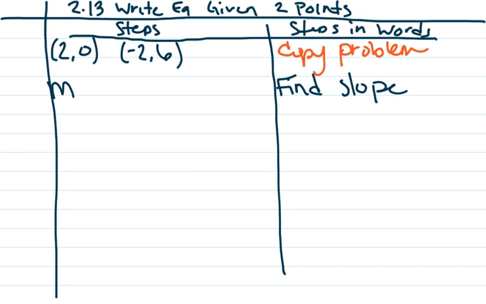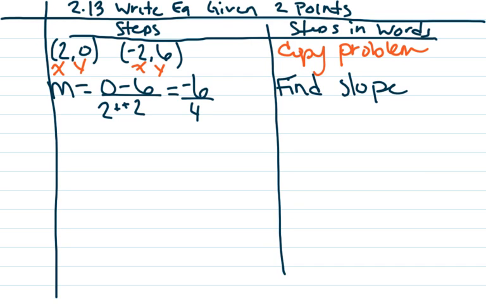So we have m equals, remember this is our x, y, x, y. So we have 0 minus 6 over 2 minus negative 2. This becomes negative 6, 0 minus 6 is negative 6, over 2 minus negative 2 is keep change. So that'd be 2 plus 2 would be 4. 2 goes into both of these, so we're going to simplify that. So we'll have negative 3 halves is our slope.